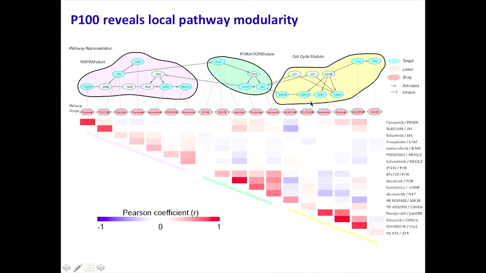And it turns out that these blocks of off-diagonal correlation almost perfectly correspond to the modules that we had just a priori determined the different nodes in the pathway fit into.